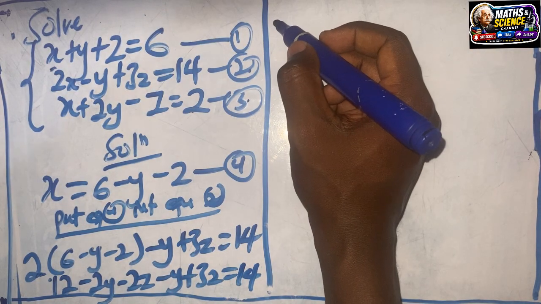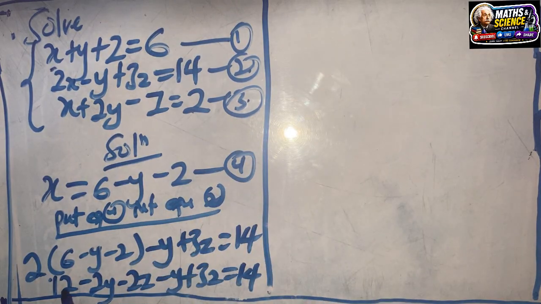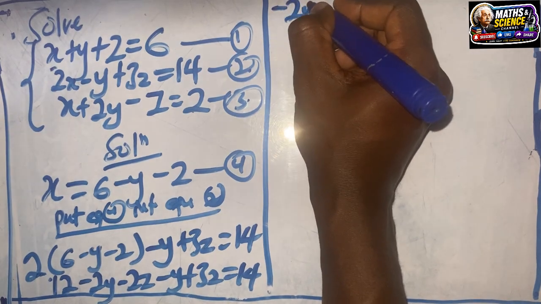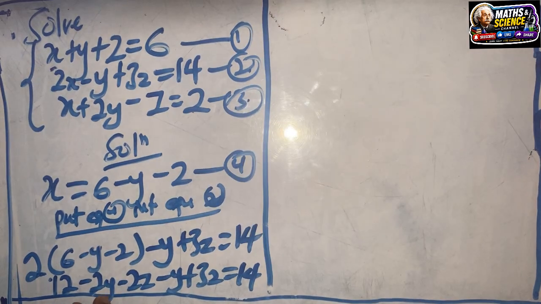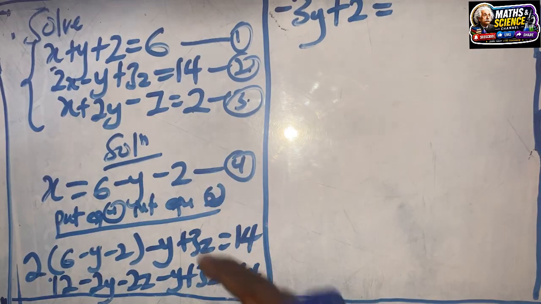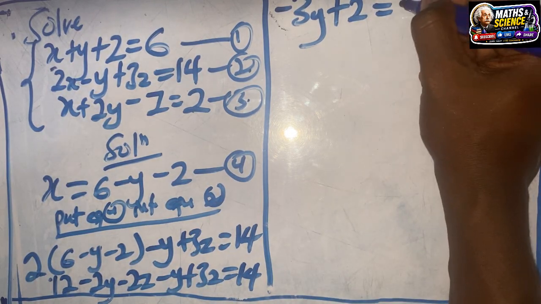So from here we can group like terms. I can send this number to this side, right? So I have minus 2y and then minus y gives us minus 3y, and then I have minus 2z plus 3z, which gives me just plus z, and then equals, 14, 12 goes to the other side, becomes 14 minus 12, which gives me just 2.